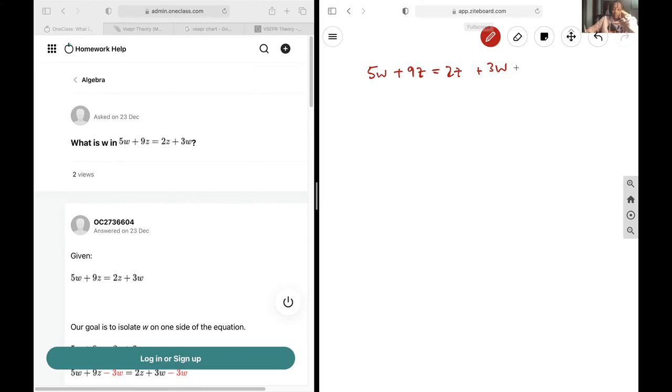So first up, we can start by subtracting 3w from both sides. These two will cancel, and so we get 5w minus 3w plus 9z is going to be equal to 2z. This is going to give us 2w plus 9z is equal to 2z.